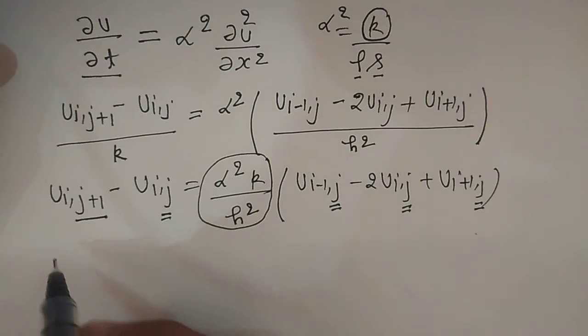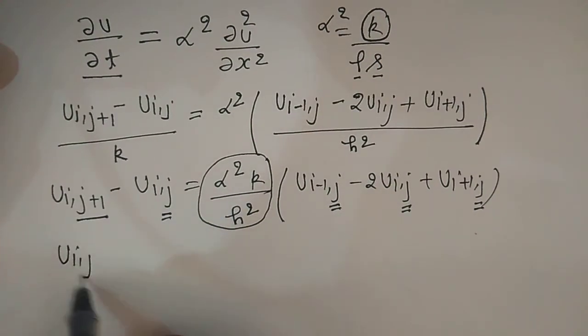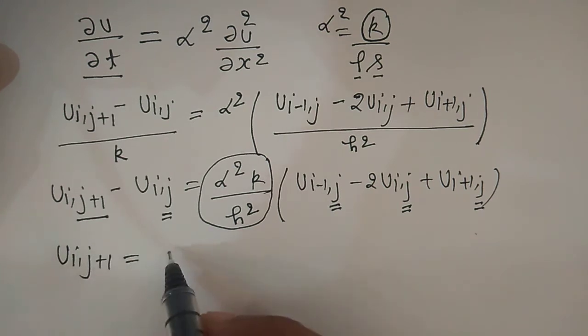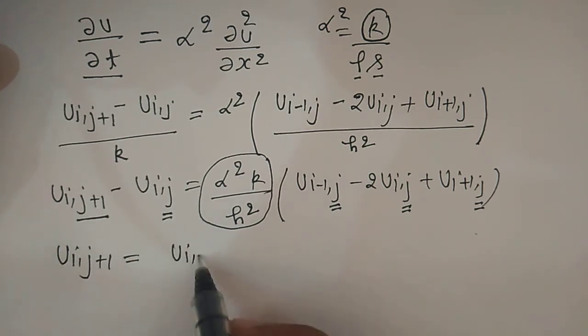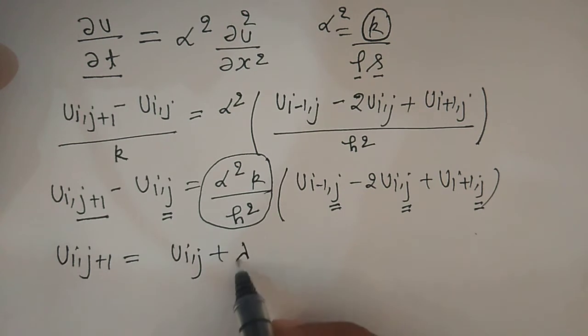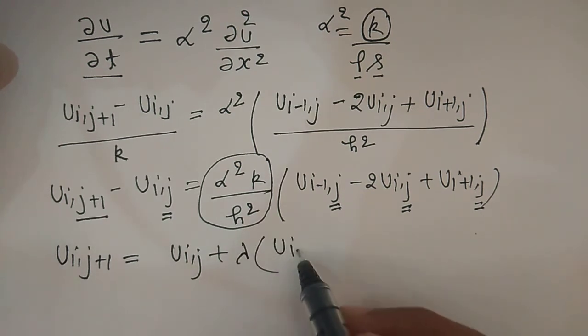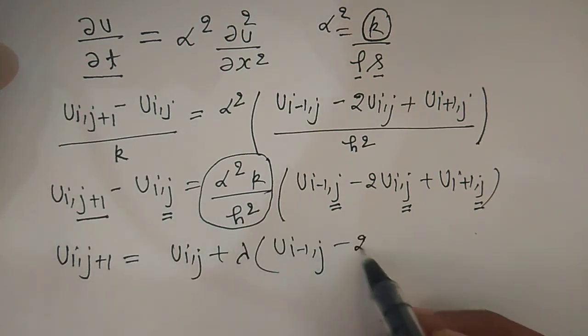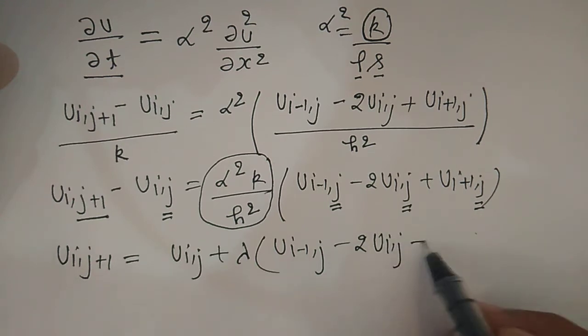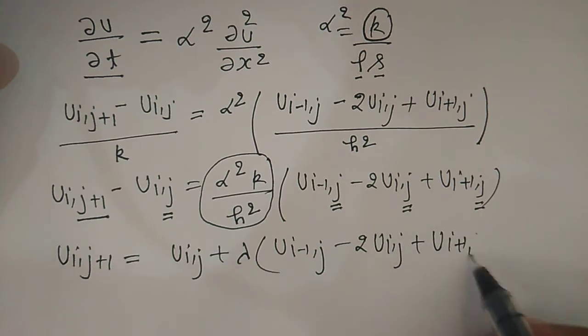So we can have u i j plus 1 equal to u i comma j plus lambda times u i minus 1 comma j minus 2 u i comma j plus u i plus 1 comma j.